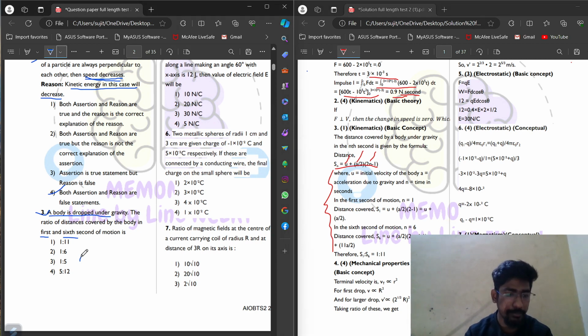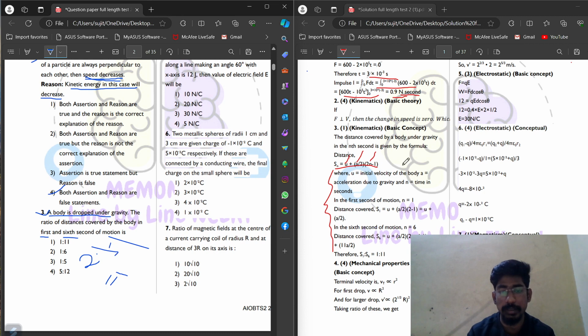For the first case, n equals 1, therefore 2n minus 1 equals 1. For the second case, it will be 2 into 6 minus 1, that means it will equal 11, right? So you can say that option 1 is correct. You can do the long way for the surety, for the assurance, right?